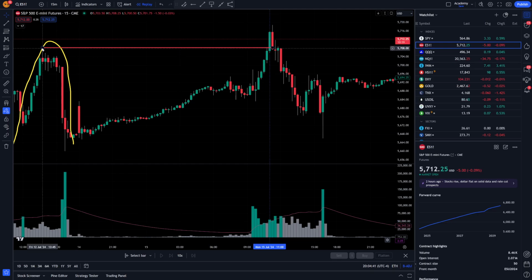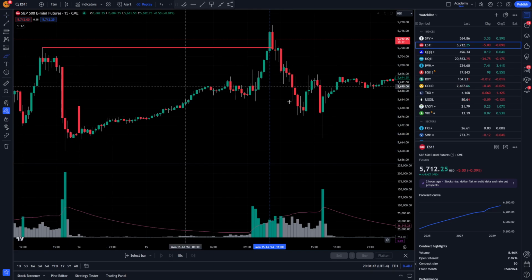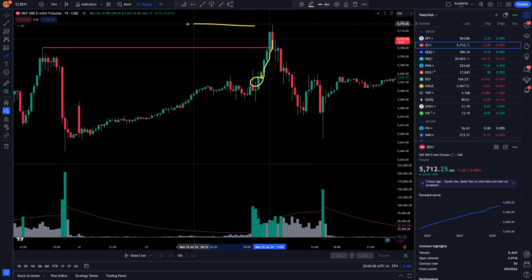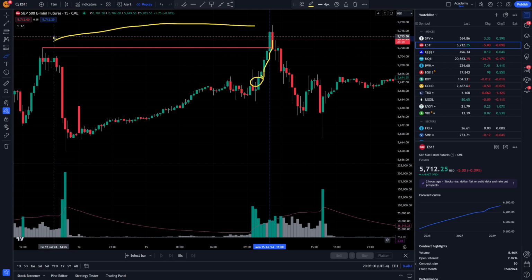And so typically when I'm trading a stock, and let's say I'm in calls, let's say I entered calls right here. If a stock is going up and then it runs into a previous resistance or a high, if I see the volume spike above that, I'm typically taking profit or looking for an exit. Why is that?